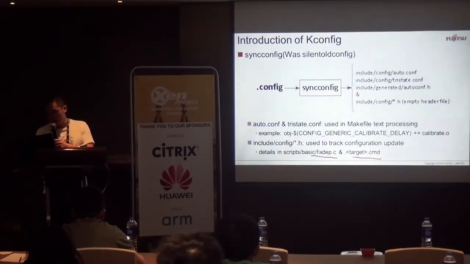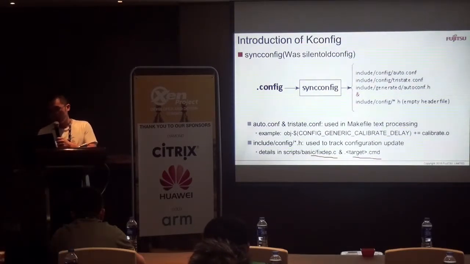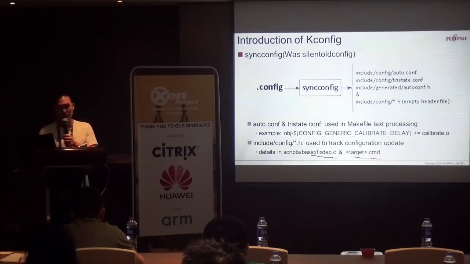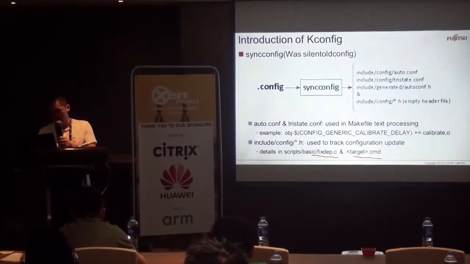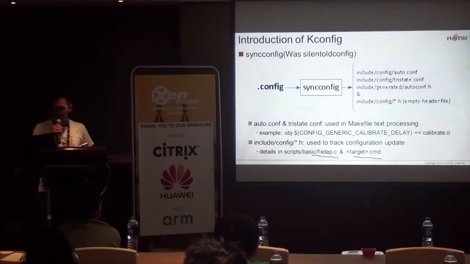When the corresponding configuration item is updated, with the help of the fixdep tool, the tool adds the empty header file to the prerequisites of the target. Then things are done. I will show some details later.